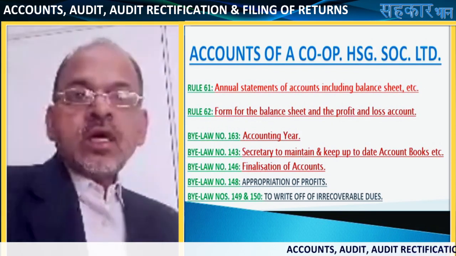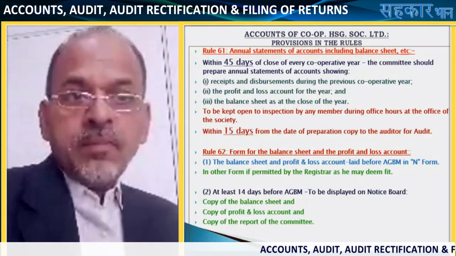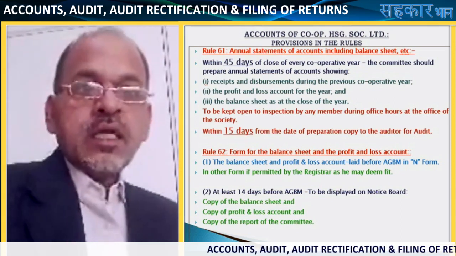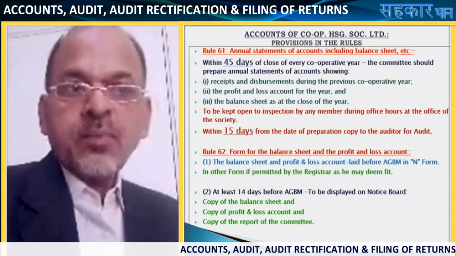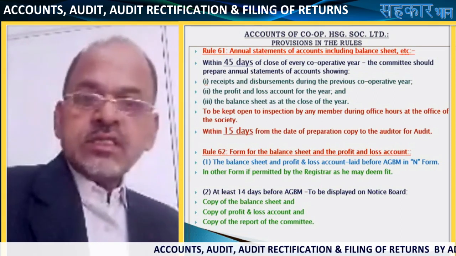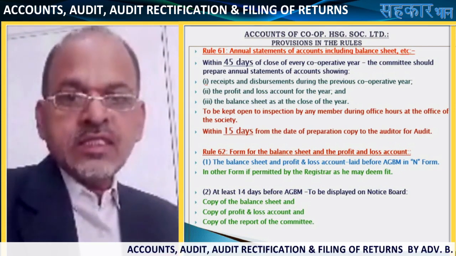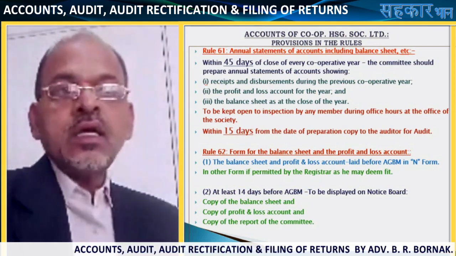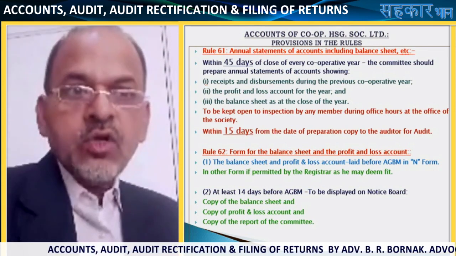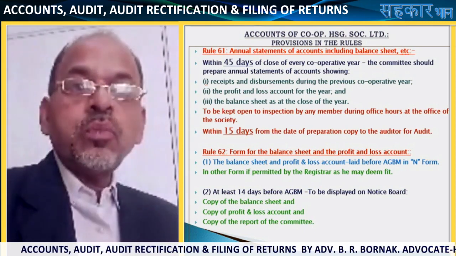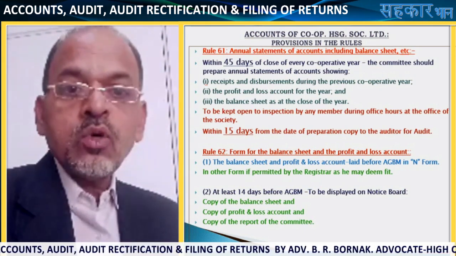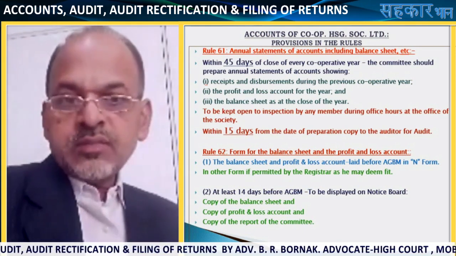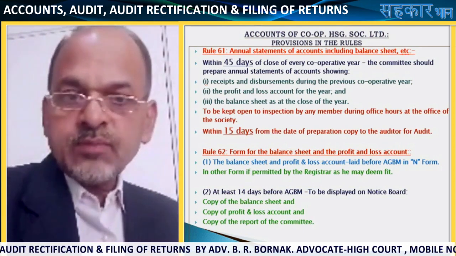First of all, what does Rule 61 provide? Rule 61 provides for annual statement of accounts including balance sheet, etc., as prescribed in the Maharashtra Cooperative Societies Rules 1961. See what the rule prescribes: within 45 days of close of every cooperative year, the committee should prepare annual statements of accounts.